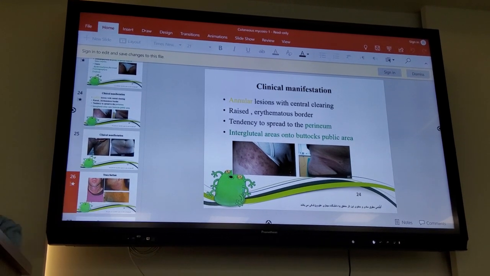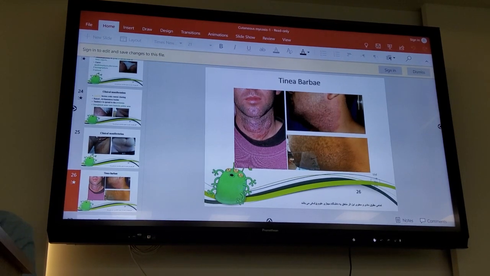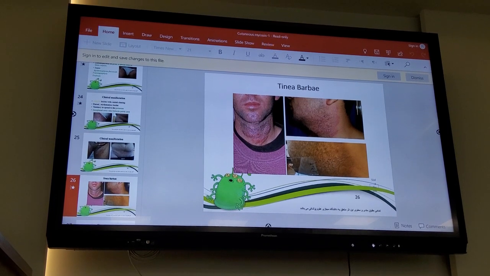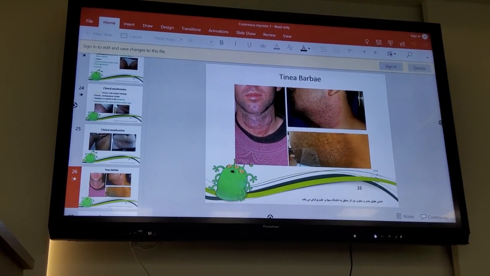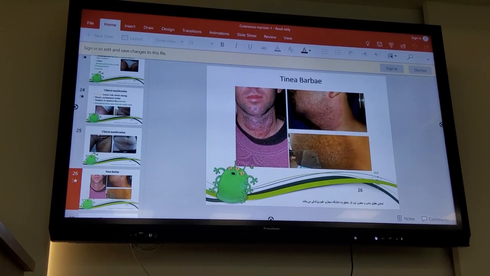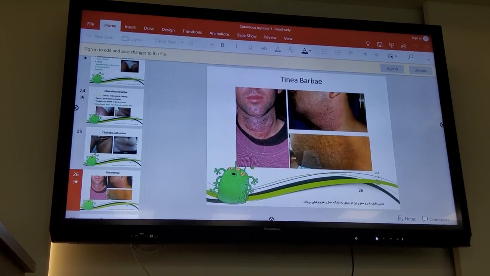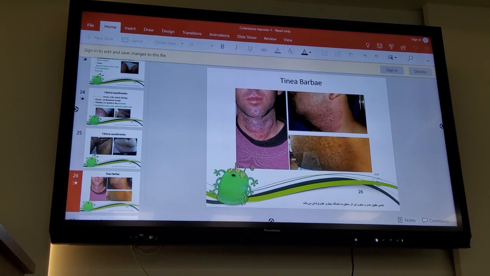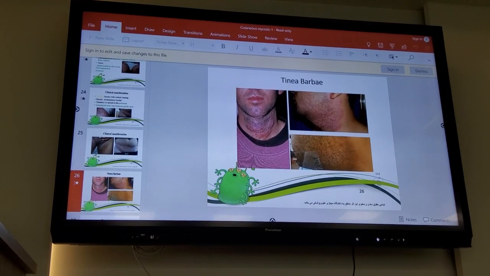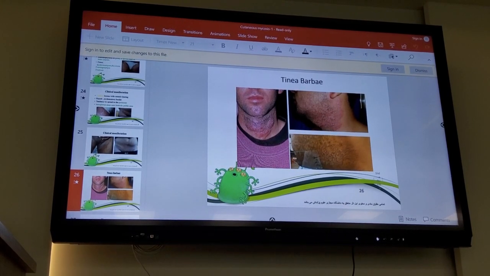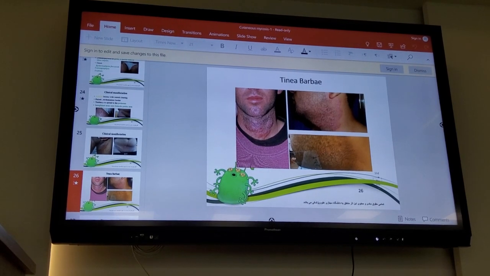Tinea barbae is another infection of dermatophytosis that involves the skin of the face, usually in men more than in women, especially the forehead, cheek, chin and neck.